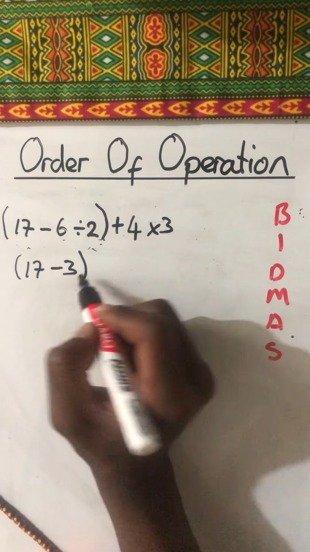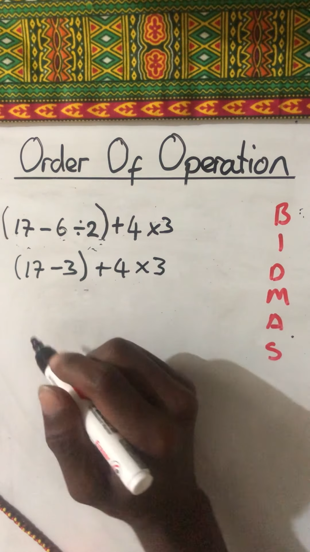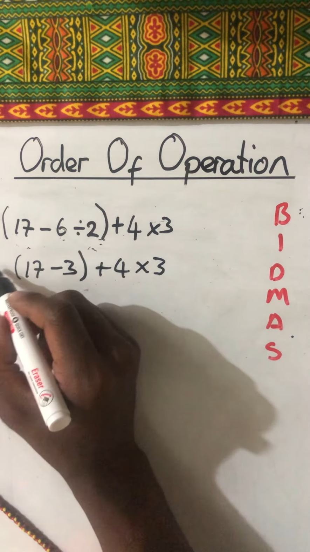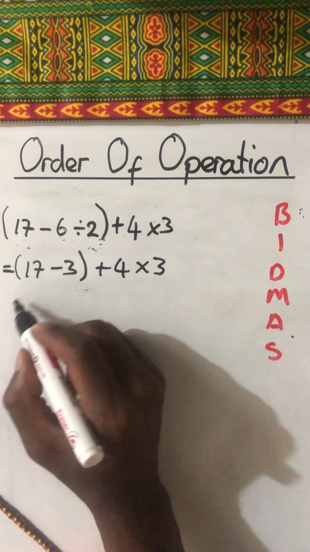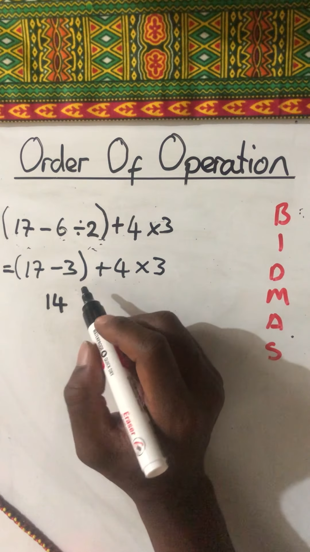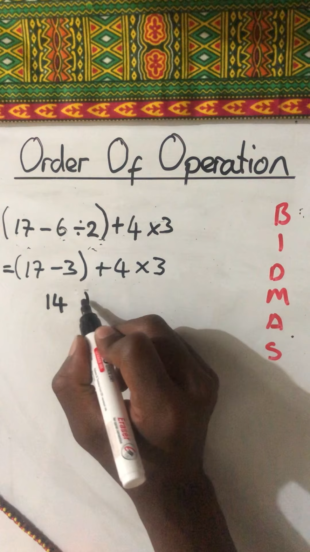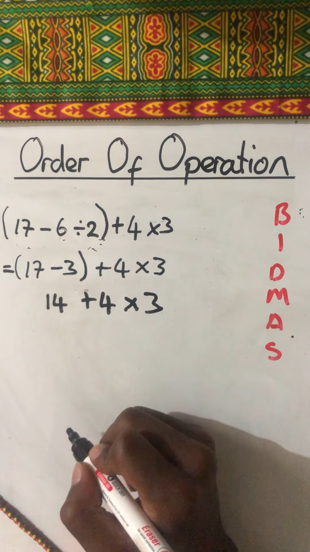So we have 17 minus 3 plus 4 times 3. And then we move on. 17 minus 3 will give us 14, right, plus 4 times 3.